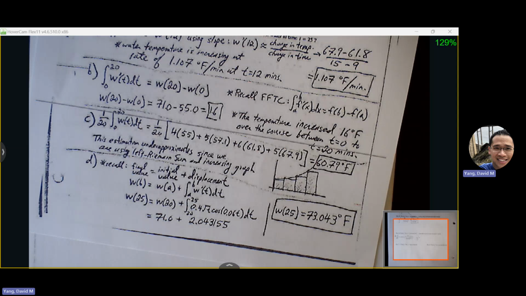So if I want to find the temperature at the 25th minute, I can pick up where I left off. The final data from the table is the temperature at the 20th minute. And from the 20th to 25th minute, we can use this W prime of t to accumulate the change in temperature in that time interval from 20 to 25. So we left off at 71 degrees, and then between 20 and 25, we see the temperature is going to rise another 2.043. So we add those together. The temperature at the 25th minute will rise up to about 73 degrees.